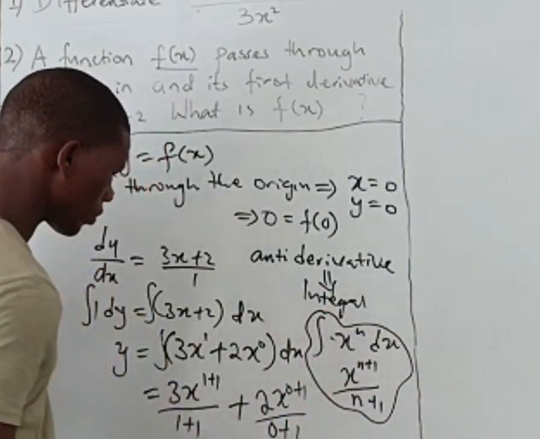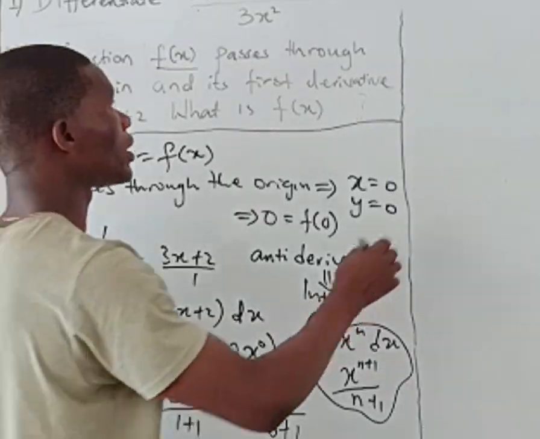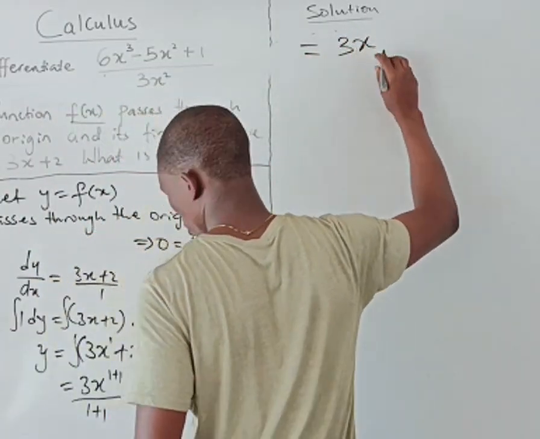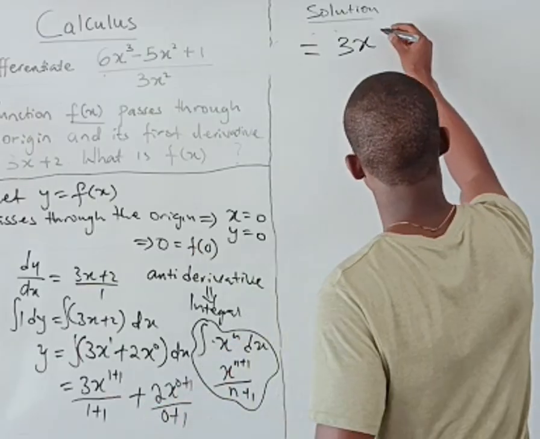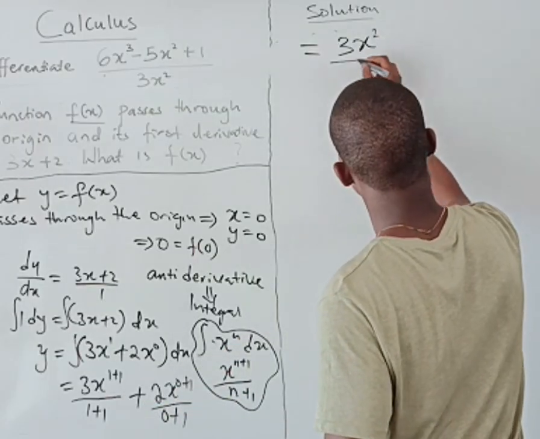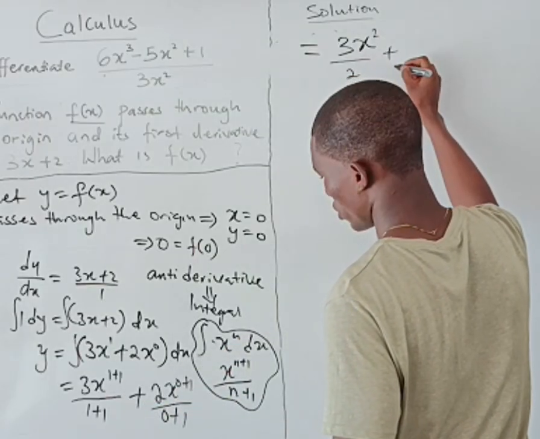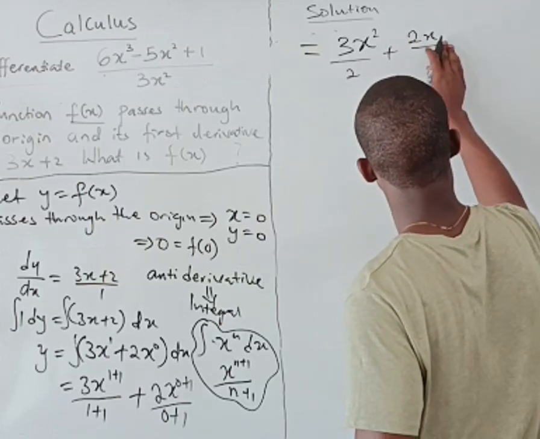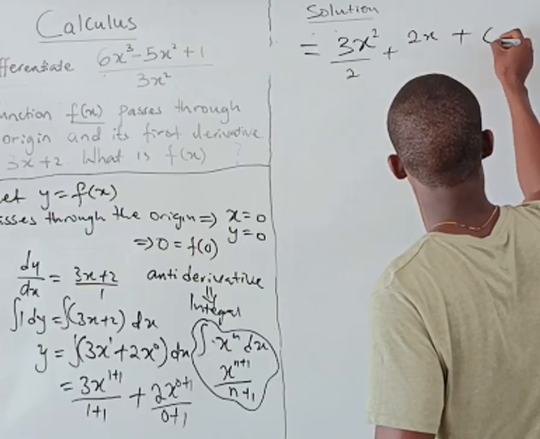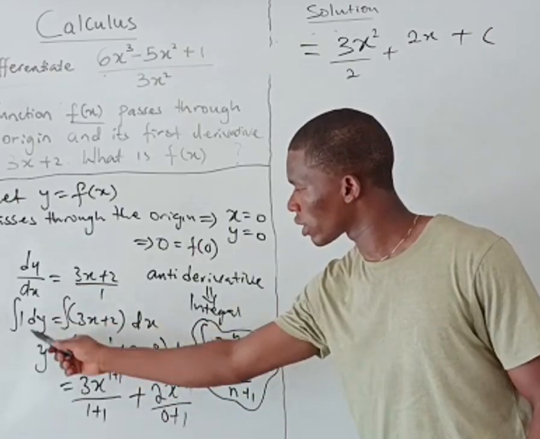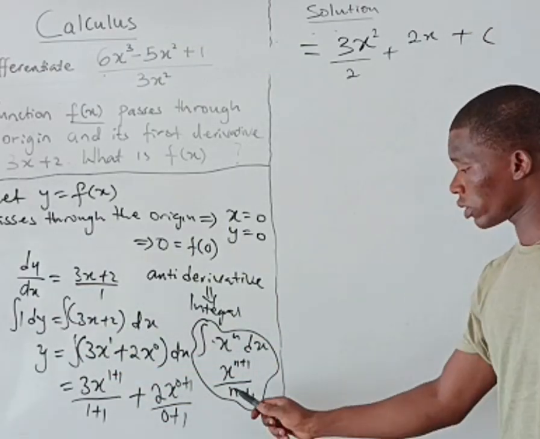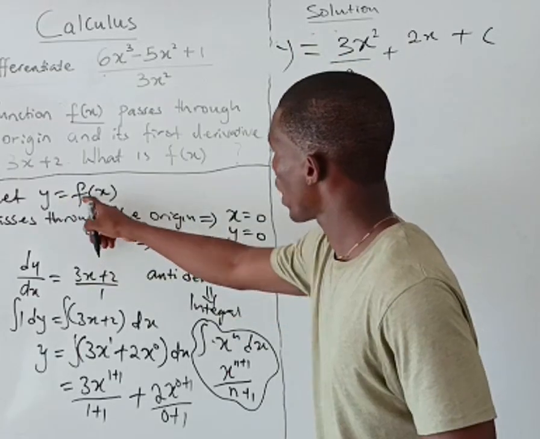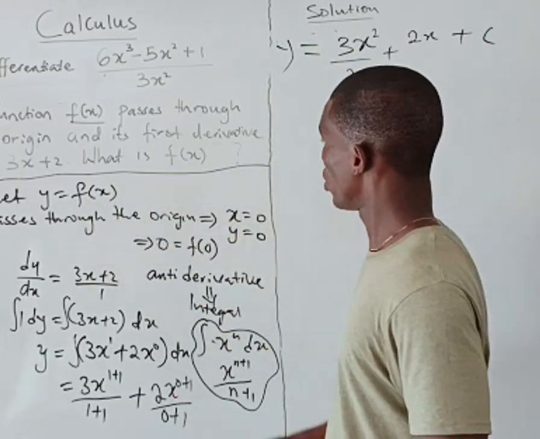So when you simplify this further, this becomes 3x raised to power 2 over 2 plus 2x over 1, that is 2x, then plus c. This is an indefinite integral, so we have to put the arbitrary constant, right? So this is y, and we know that y is f of x, right?